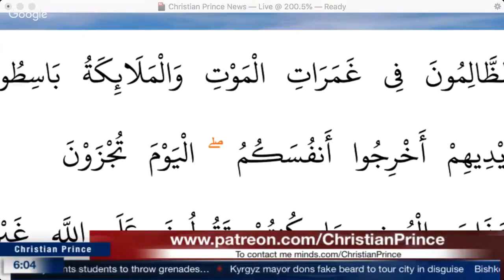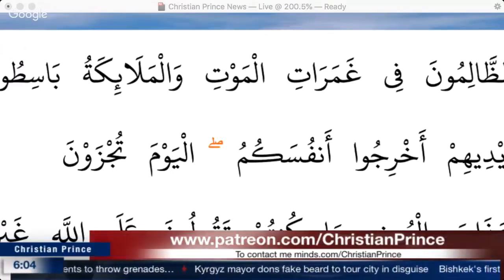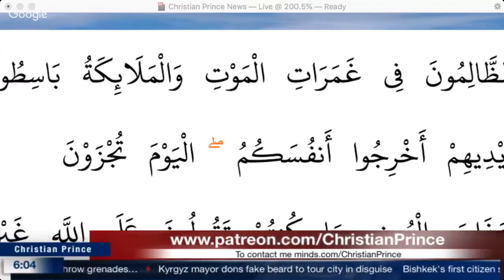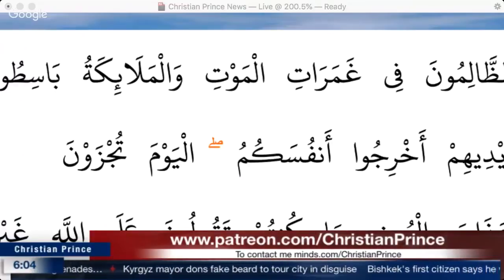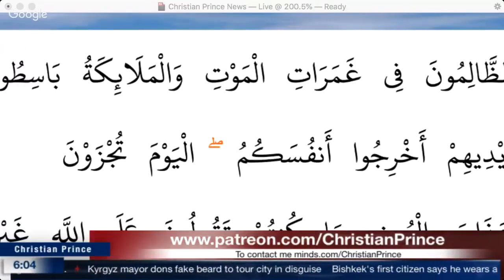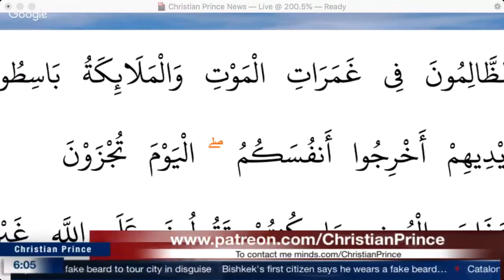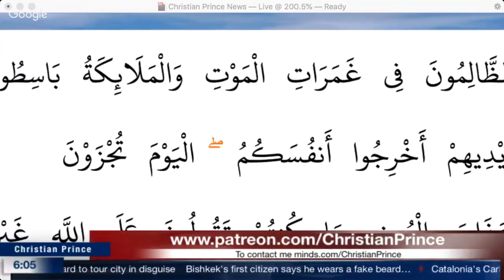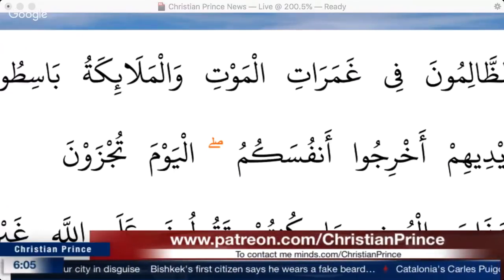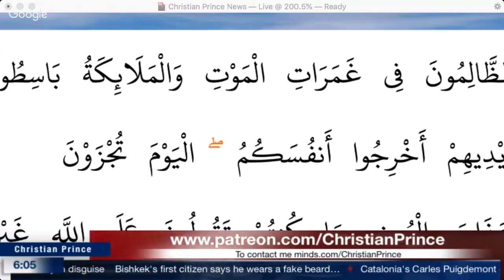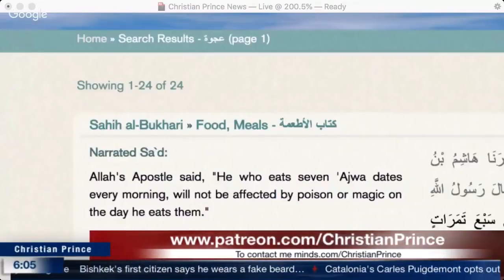Now if we go to the Quran interpretation for this verse, you will find that most of the Muslims agree that this is about music. Let me see if I can find you in the hadith.